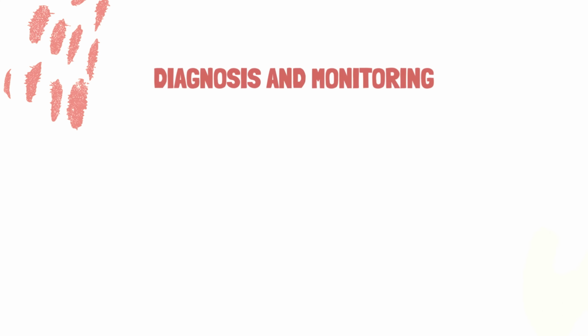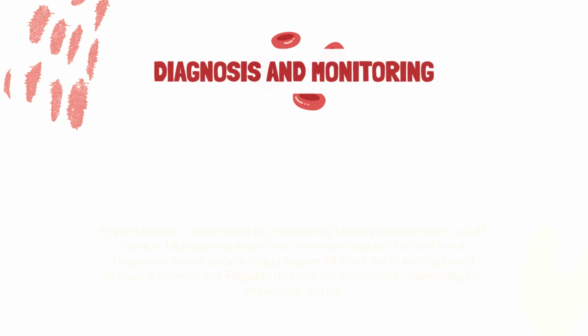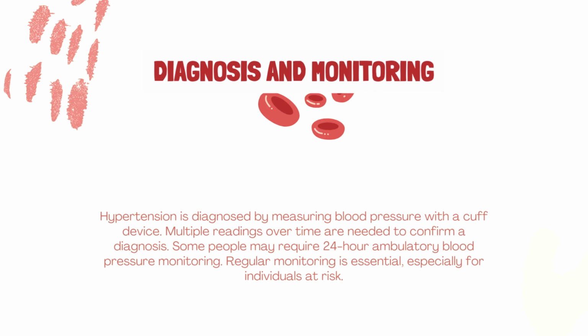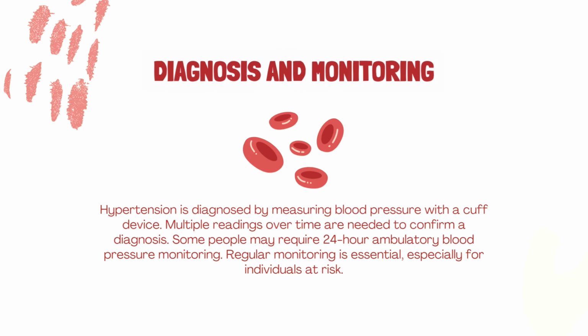We have seen the causes and the risk factors. Now it is about how blood pressure is diagnosed and monitored. Hypertension is diagnosed by measuring blood pressure with a cuff device. Multiple readings over time are needed to confirm a diagnosis.